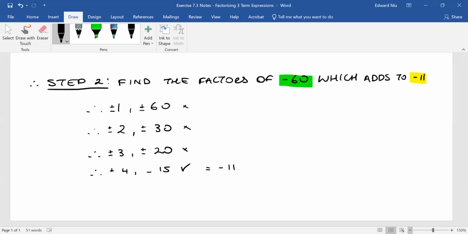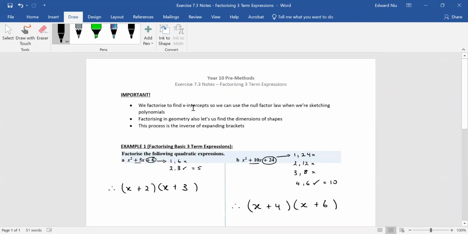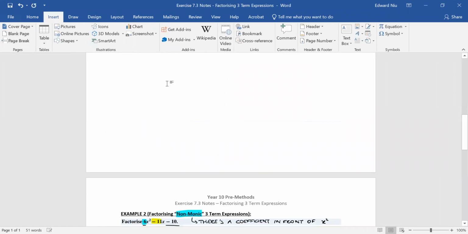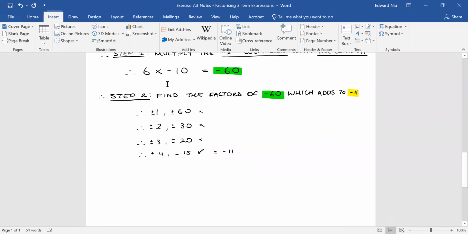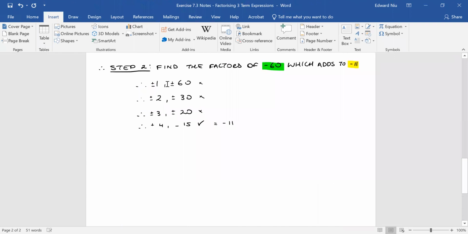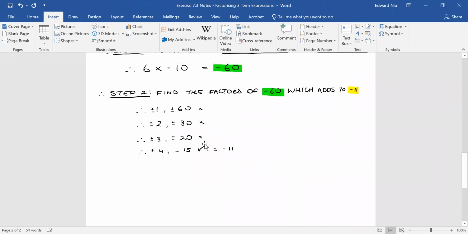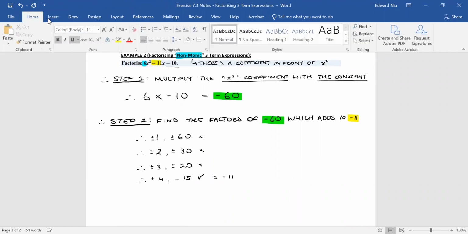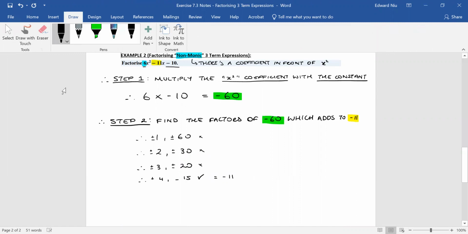All right, so now that we've found our two terms, there's actually a step in between. What we need to do is turn it into a four-term expression now. So step 3.